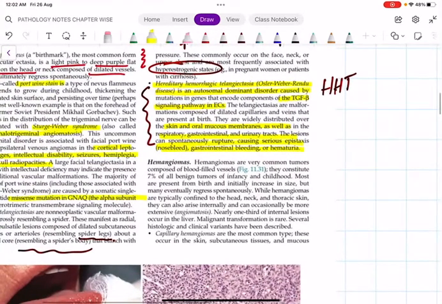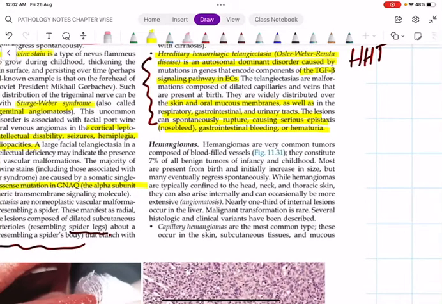Okay, now let us see the benign tumors proper. Out of that, the one most important and very common is what we call hemangiomas. I told you that the benign tumors almost resemble a normal blood vessel. So hemangiomas are very common tumors composed of blood-filled vessels. Okay, yes. And what are some of the common locations of the hemangioma?